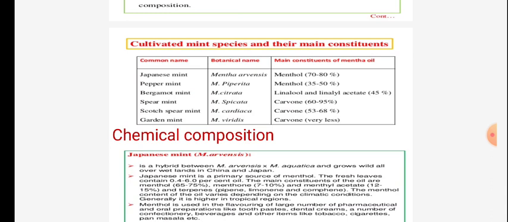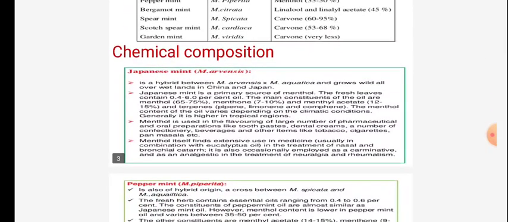Mentha piperita, the peppermint, has 35 to 50%. Then bergamot, linalool or linalool acetate, 45%. Mentha spicata, Mentha candica, and Mentha viridis. So remember these species names. Mentha viridis is also common. Garden mint we are commonly cultivating.